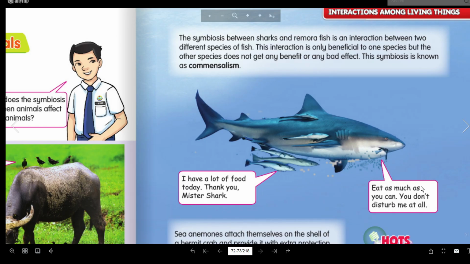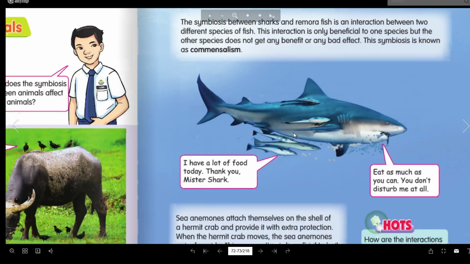Shark is saying, eat as much as you can, you don't disturb me at all. So the shark is not getting benefit, nor is it having any bad effect. It does not affect the shark in any way. And the remora fish are getting food, so they are getting benefit, right? This type of relationship is called commensalism. This is again a type of symbiosis.